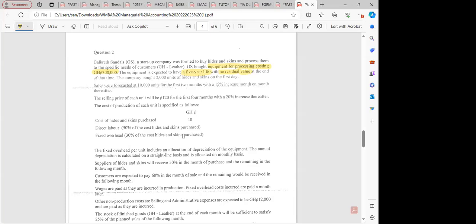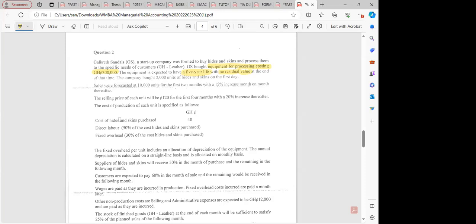The fixed overhead cost per unit includes an allocation of depreciation. I told you there was an issue with overhead costs, right? And then that issue borders on depreciation. Anyways, it tells us that depreciation is calculated on a straight line basis.